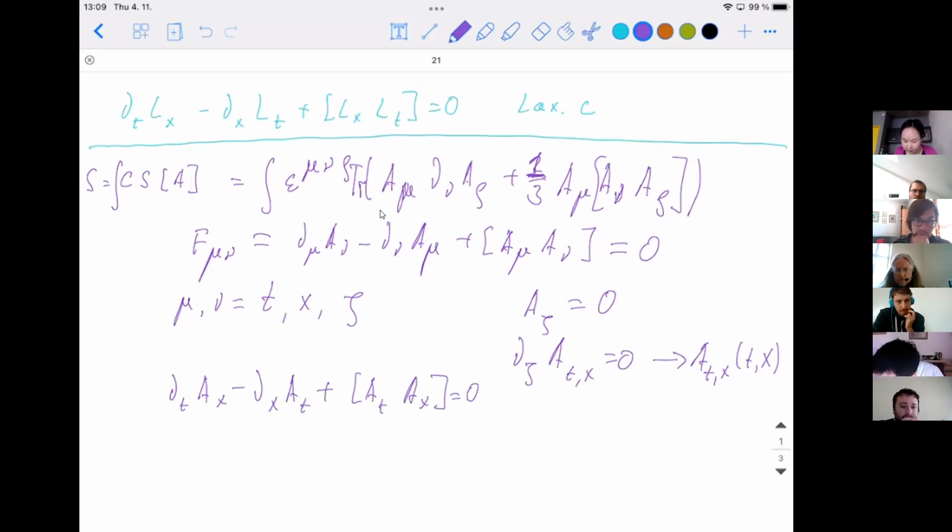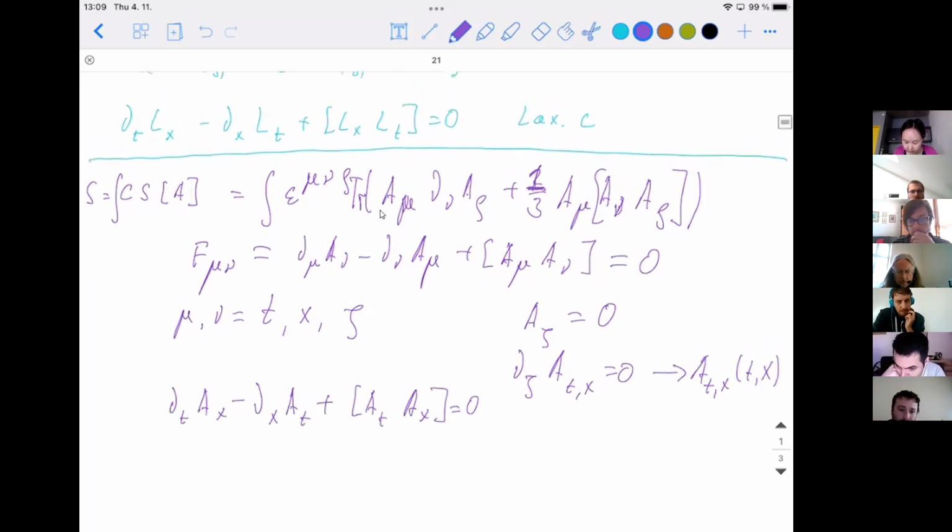But we are still missing the most important point in the Lax connection: the A does not depend on the spectral parameter. The spectral parameter is missing.